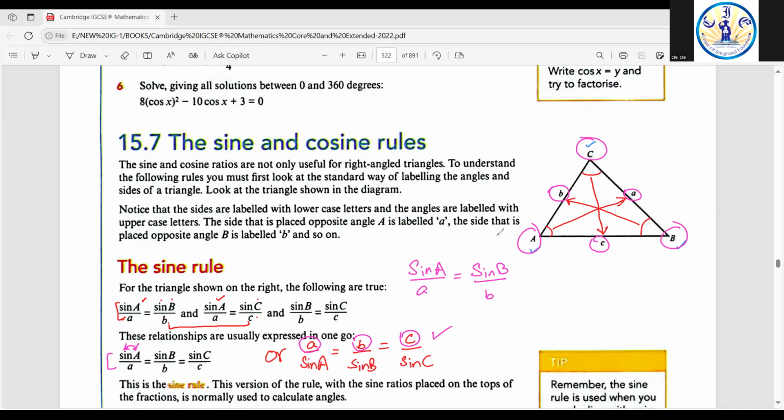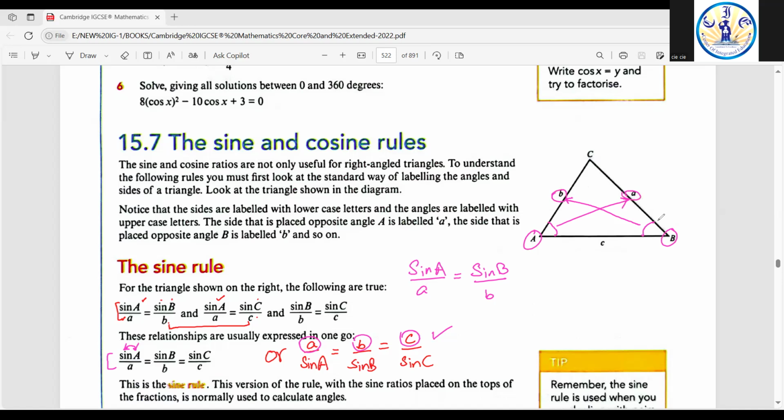Now let's analyze what it is telling us. It tells us that given this angle A and the side opposite to it, and this angle B and the side opposite to this angle, we have four quantities, two angles and the two opposite sides.